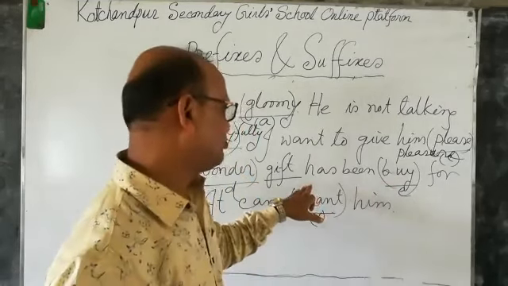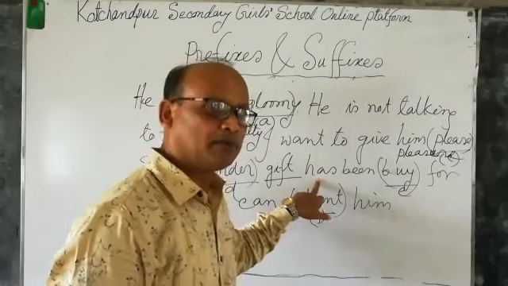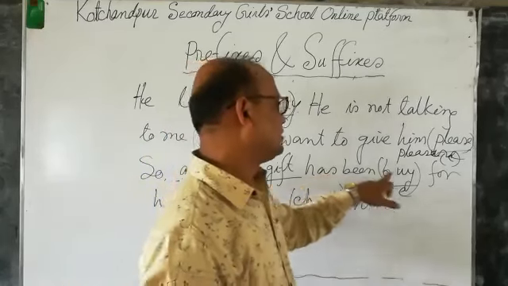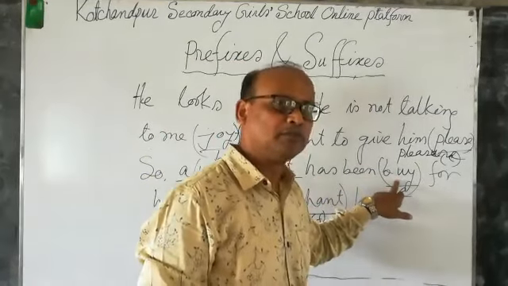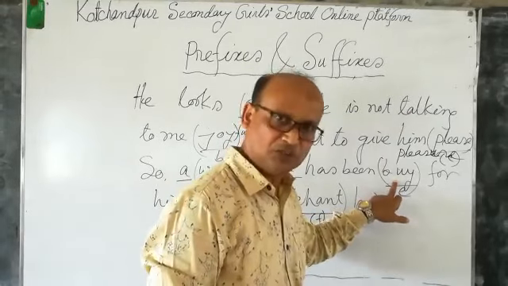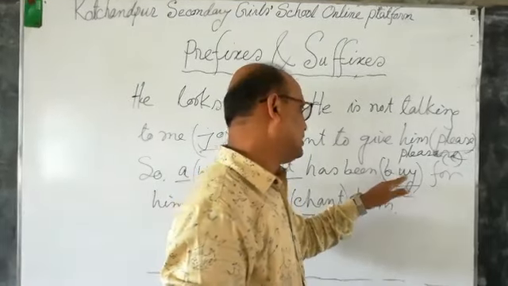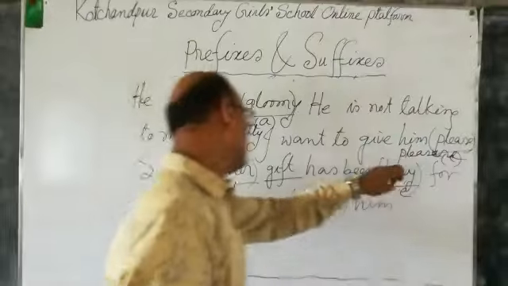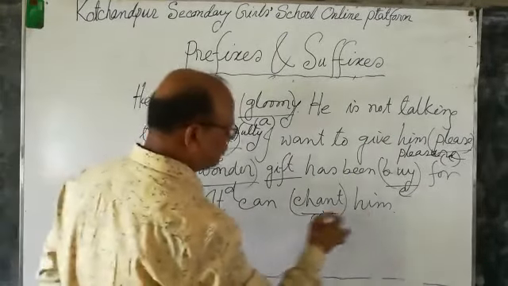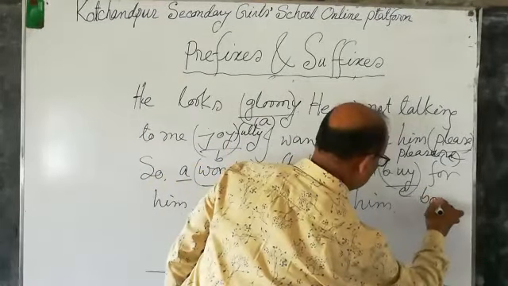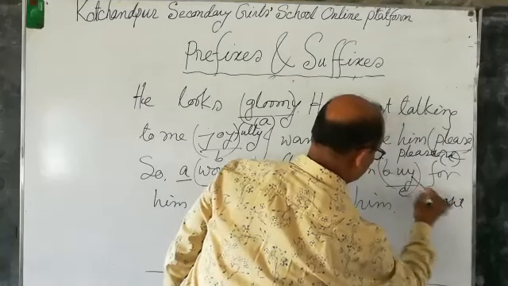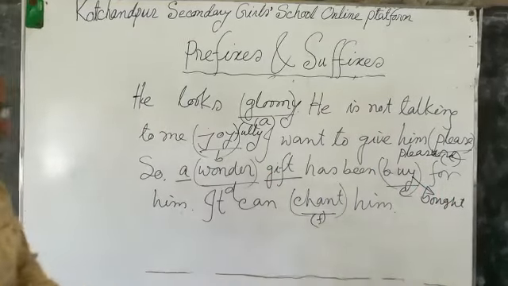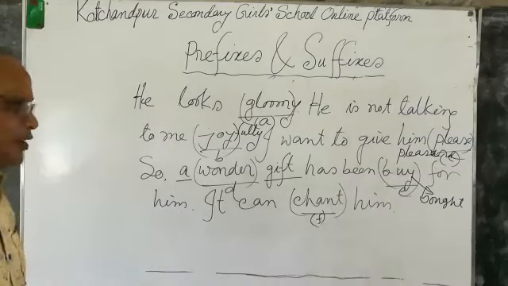After have verb or be verb, the past participle form of principal verb is used, and by this rule we learned that by will be bought. Okay, I am sure you are able to do this.